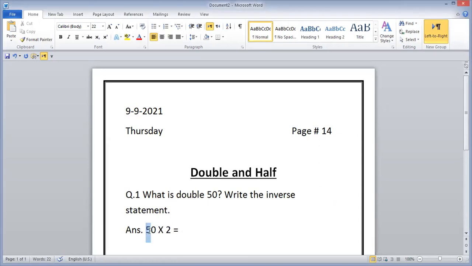You can just multiply 5 by 2, which equals 10, and then add the 0 with that. So 50 multiplied by 2 equals 100, and you can check it by doing a simple multiplication as well.